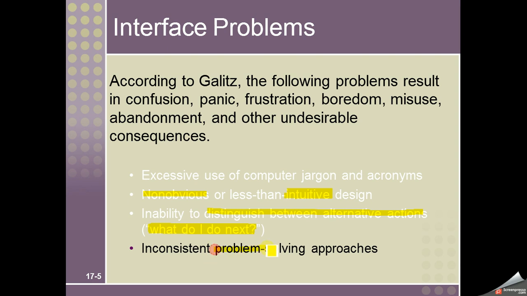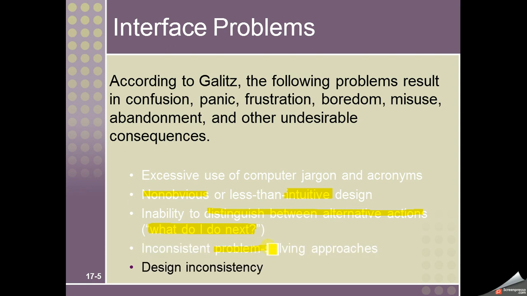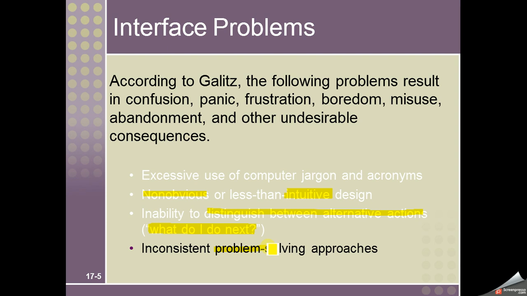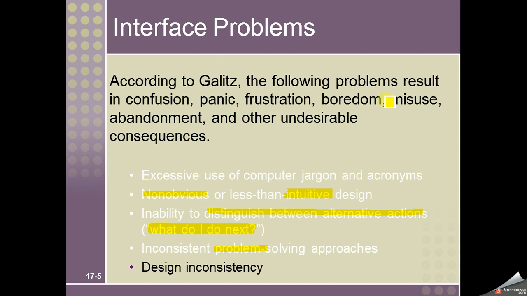Inconsistent problem solving approaches or inconsistent design. Whenever you do anything in a system, it should be done the same way in all parts of the information system. Like if you are showing the instructions, let's say on the top right of the screen, you should use the same area in all the parts of the system.